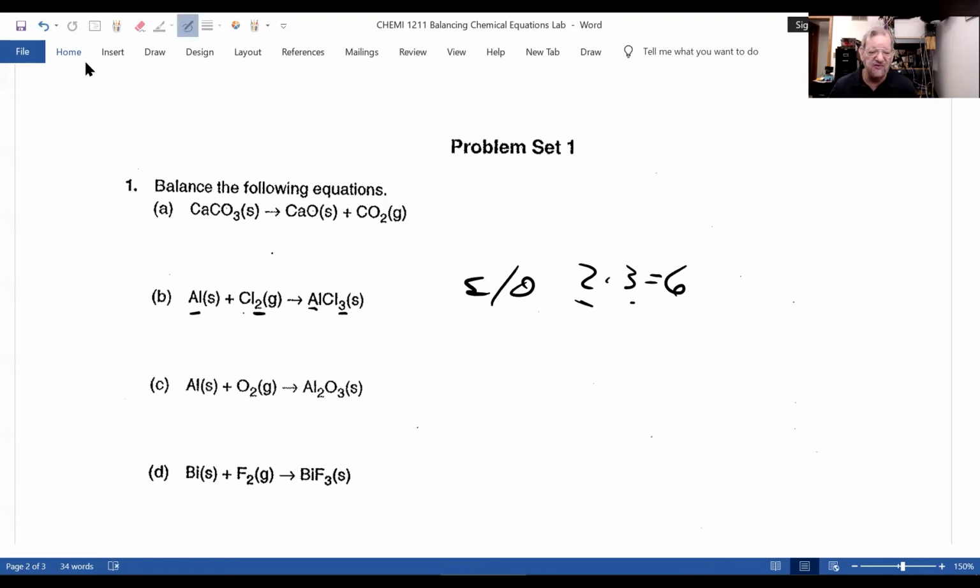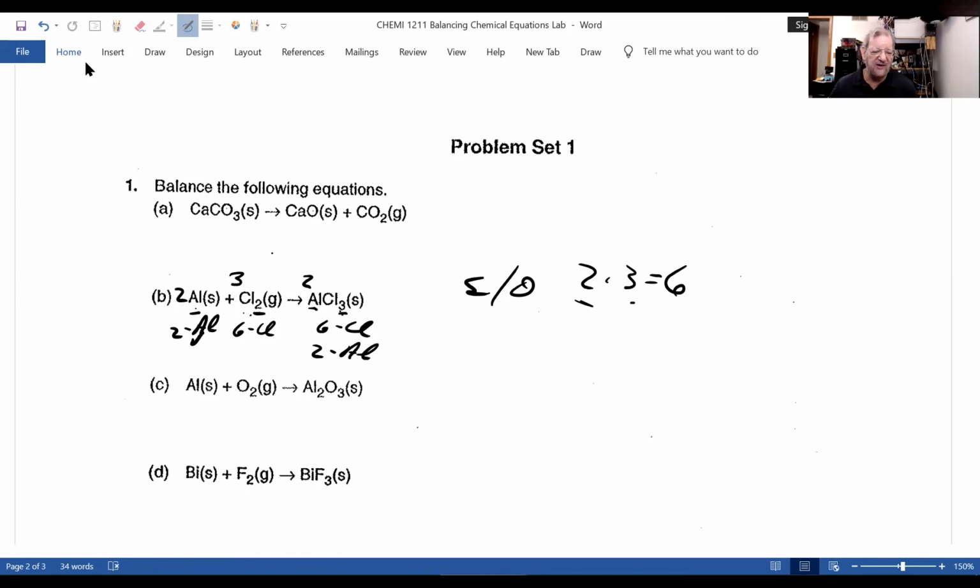So if I want to get 6 chlorine on this side, I'll put a 3 there. So now I have my 6 chlorine. If I want to get 6 chlorine on this side, 3 times 2 there, I'll have my 6 chlorine. And now I have 2 aluminum. Oh, I only have 1 here. How do I get it to 2? And you have 2 aluminum.